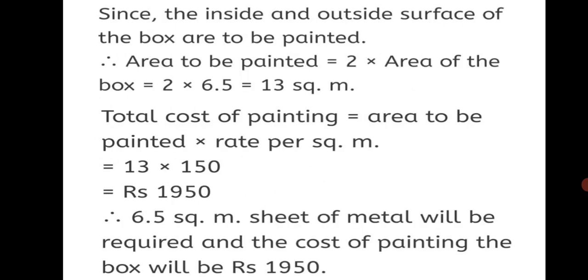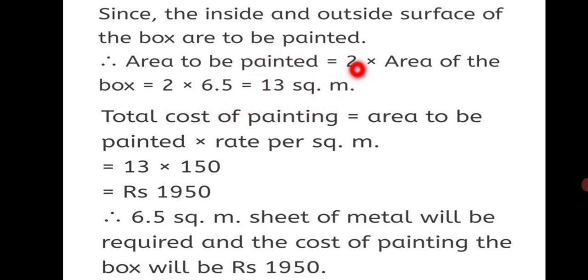Now the next part of the sum. Since the inside and outside surface of the box are to be painted, therefore area to be painted is equal to 2 times the area of the box, because inside also we are painting and outside also. So 2 into 6.5 is equal to 13 square meter.